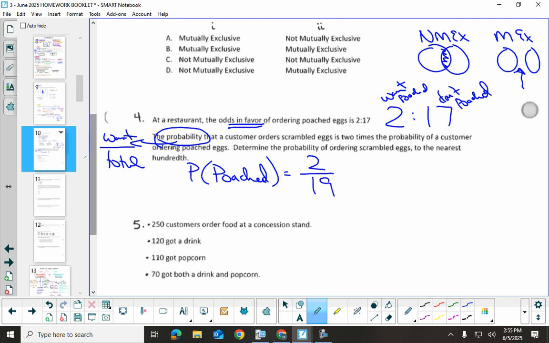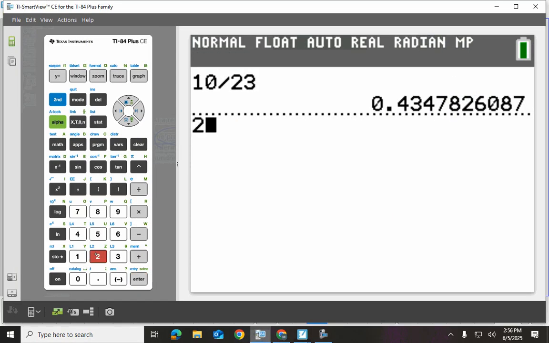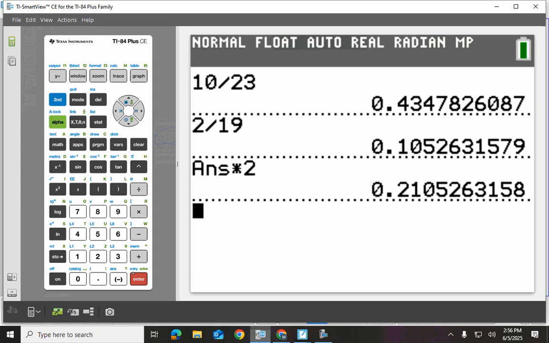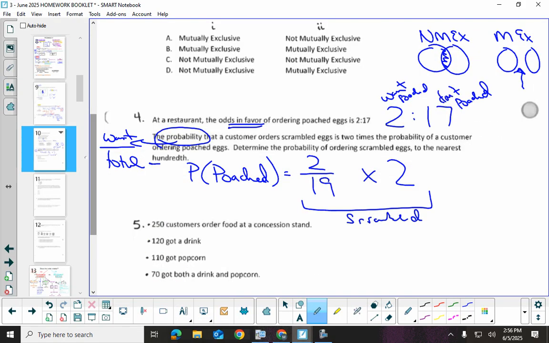It's 19. Right? You add your want and your don't want to get the total. So to get scrambled, we just times that by 2. So on your calculator, 2 over 19 times 2, .21. How did it round it? Again, nearest hundredth, 0.21.